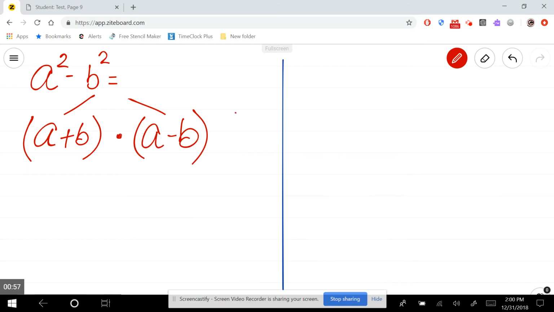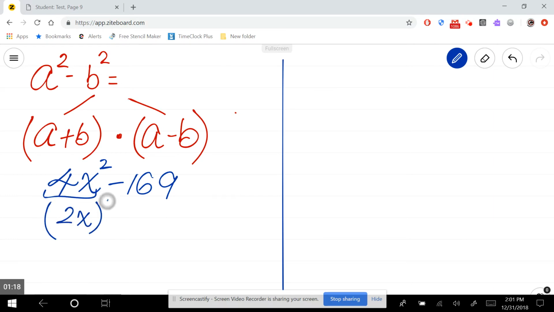Now, what does that mean in a mathematical sense? Let us say we have 4x squared minus 169. To factor it or break it into two pieces, you can see that the first piece can be written as 2x, the whole squared.